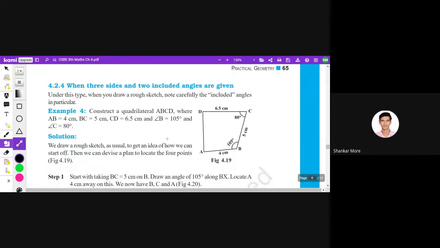So construct a quadrilateral ABCD where AB is 4 centimeter, BC is 5 centimeter, CD is 6.5 centimeter, and angle B is 105, and angle C is 80 degrees.